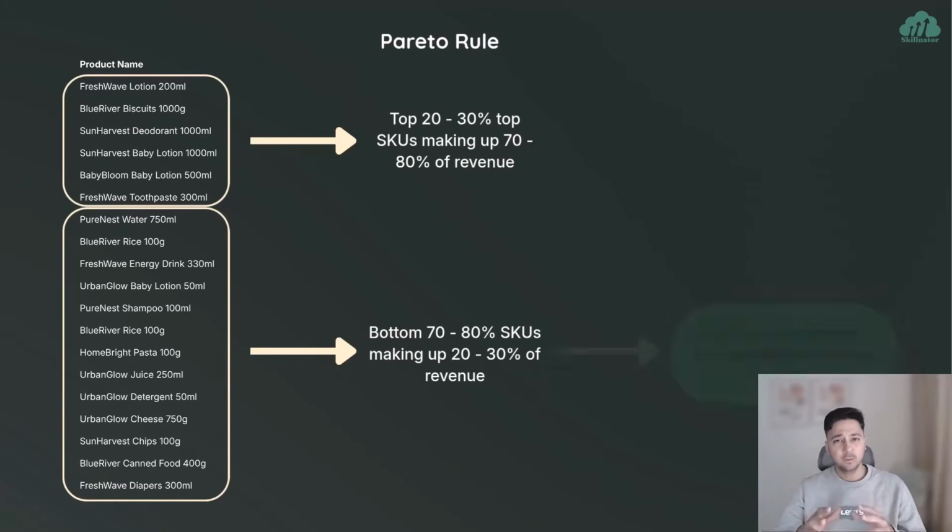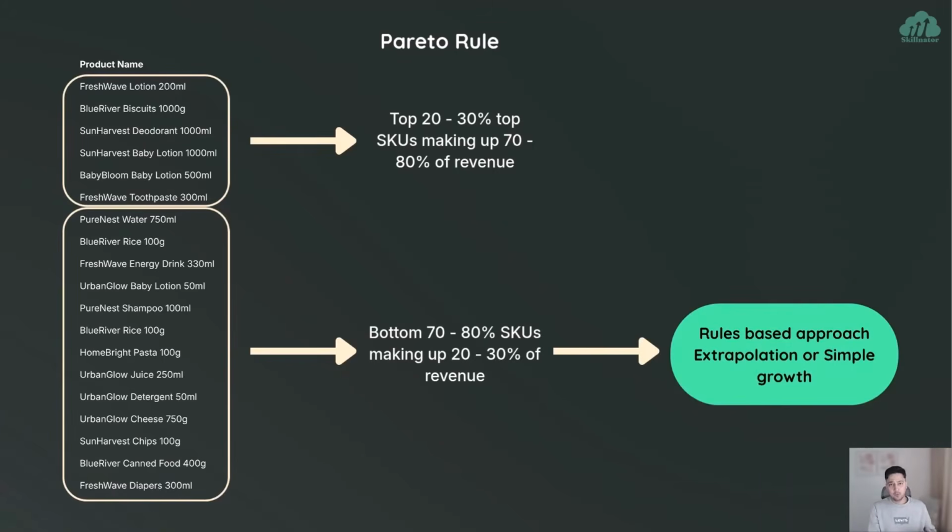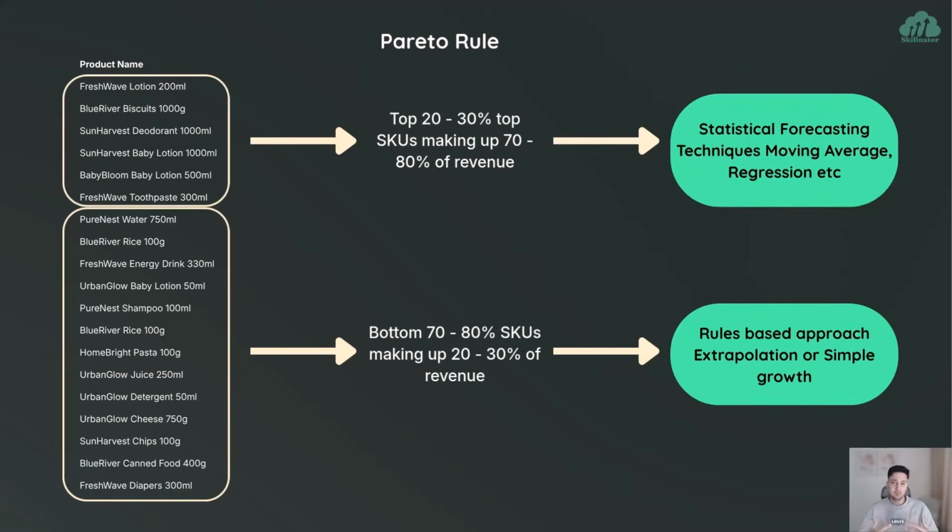For the long tail SKUs, which have very low contribution to the revenue, it usually does not make sense to invest heavily in complex statistical models. These SKUs are often forecasted using a simple growth-based forecasting approach or simple extrapolation, especially if the product is new or is being discontinued.